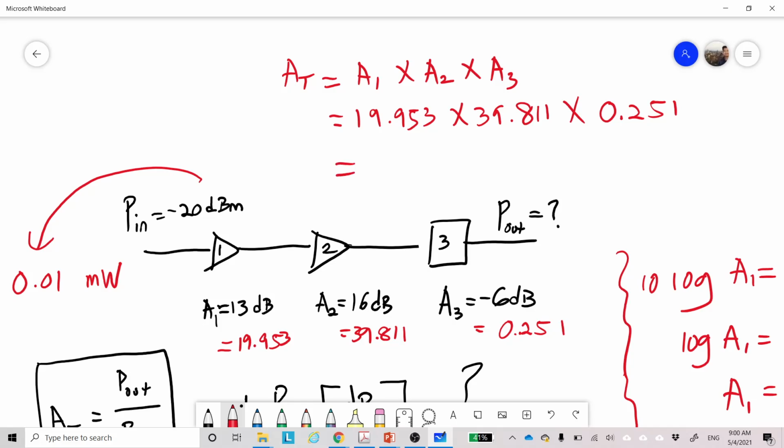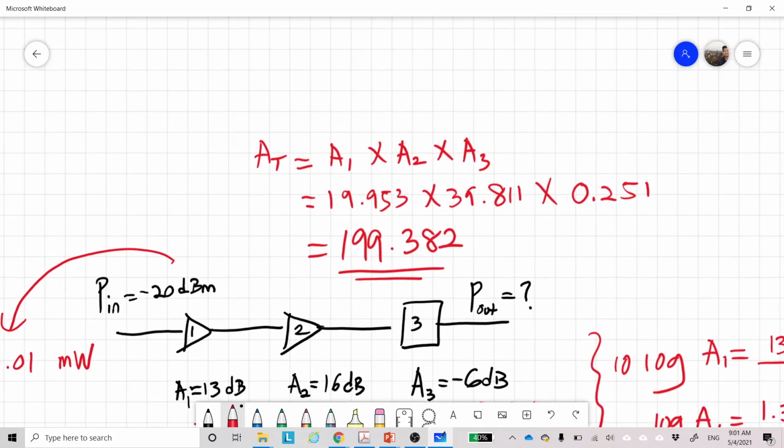How much? Ni boleh try kira. So you will get 199.382. A total.